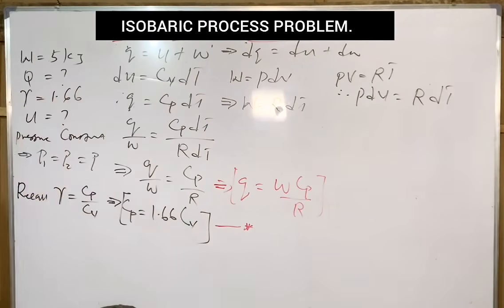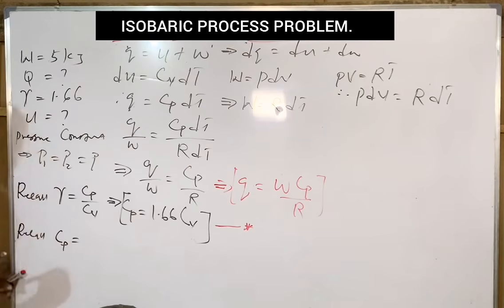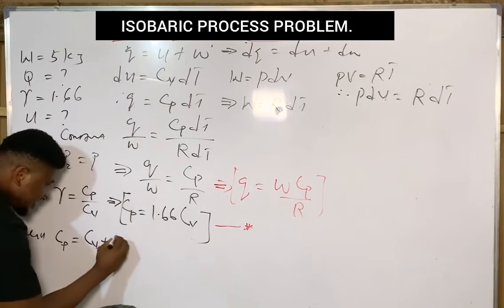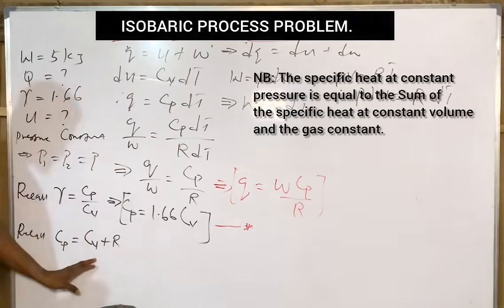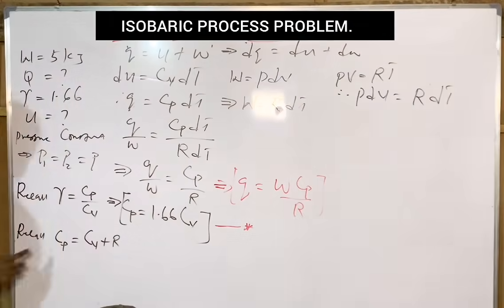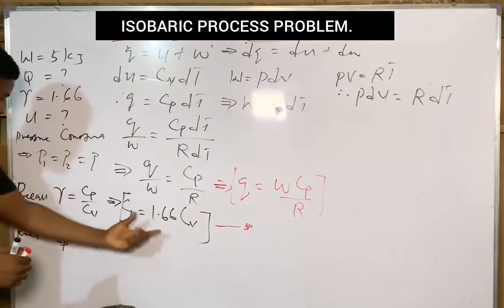Now you recall again, we said this in our previous video, that Cp is equal to Cv plus R. The specific heat at constant pressure is equal to the sum of the specific heat at constant volume plus the gas constant. We found out that Cp is 1.66 Cv, so we can relate the two.